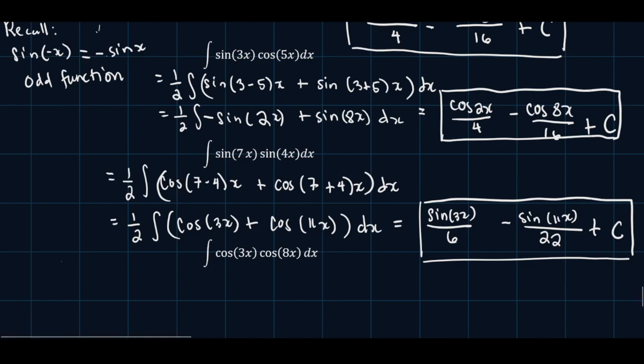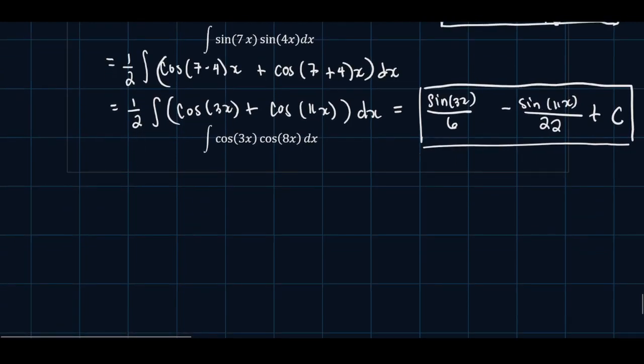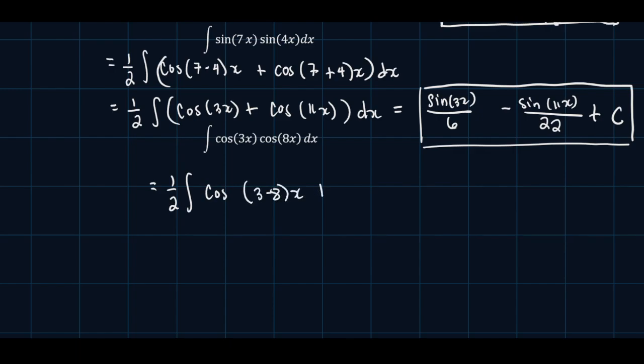And for our last example, we have the integral of cosine 3x times cosine 8x. So again, kailangan lang natin i-apply yung necessary formula. So this is equal to 1/2 of the integral ng cosine ng 3 minus 8x plus cosine ng 3 plus 8x dx.